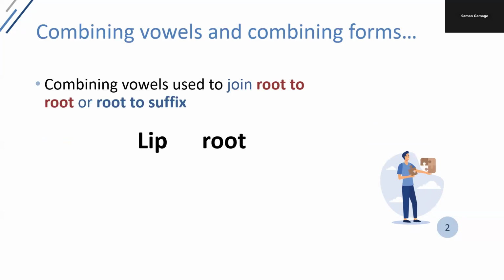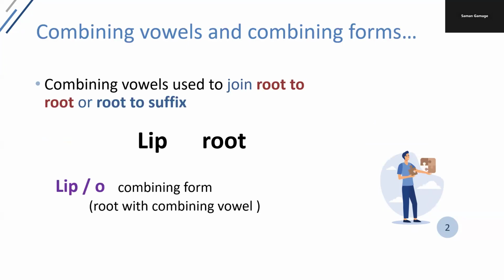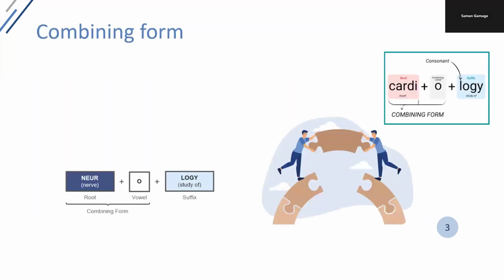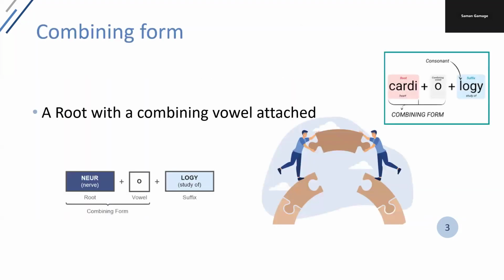For example, lip is the root. Lip means fat. Lipo is the combining form. That means a combining form is a root with a combining vowel attached.